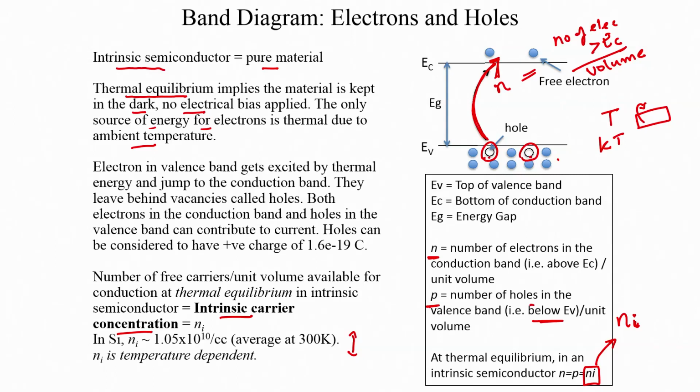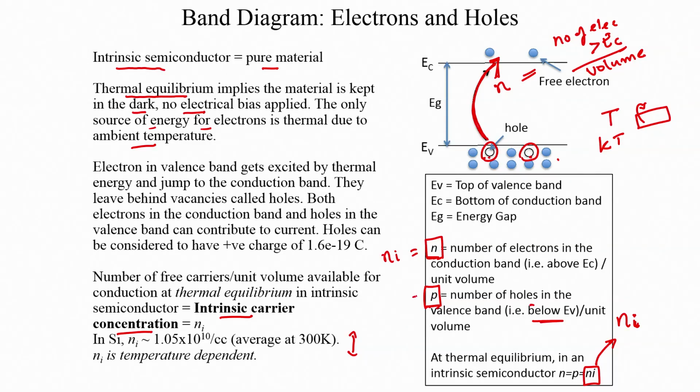So in a material in general you have N electrons per unit volume in the conduction band, and P holes per unit volume in the valence band. But for this special condition where you choose an intrinsic material, that is without impurities, and you keep it in thermal equilibrium, then N would be equal to the special value Ni.